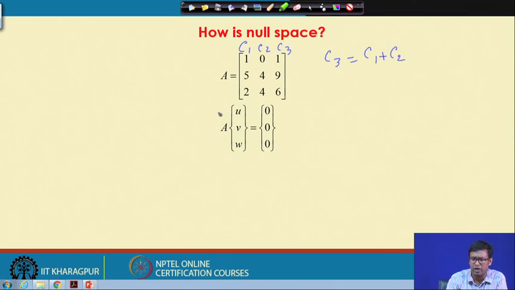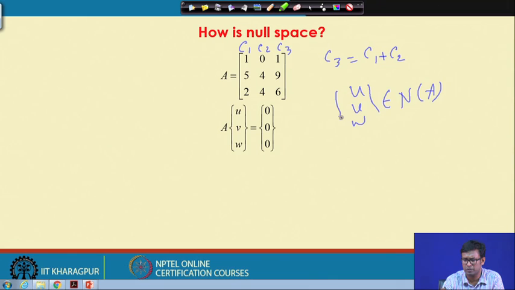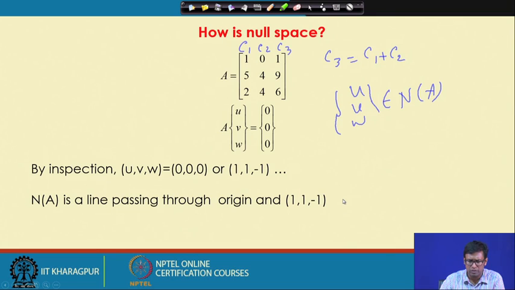If now I have the null space equation A times (u, v, w) equal to (0, 0, 0), then (u, v, w) will belong to the null space of A. What will be the solutions? By inspection we can see one solution is 0 0 0, that will definitely be one solution, and another solution is 1 1 minus 1.